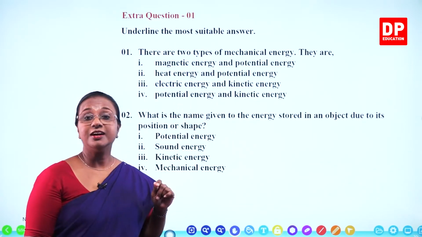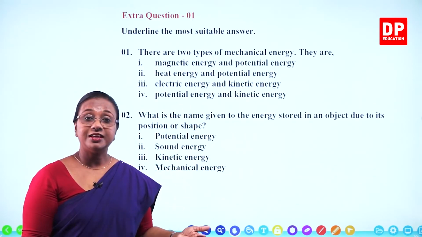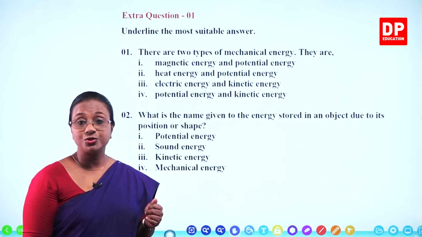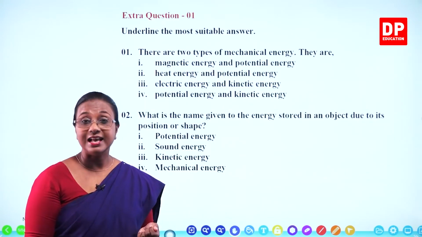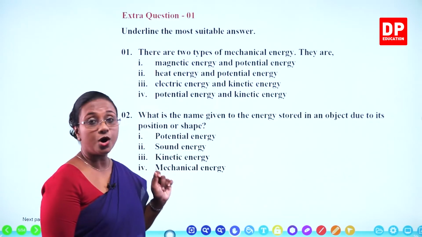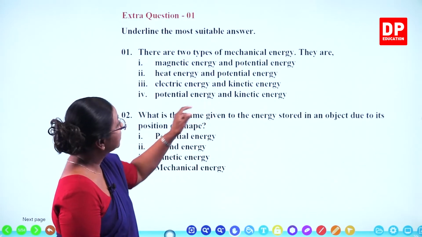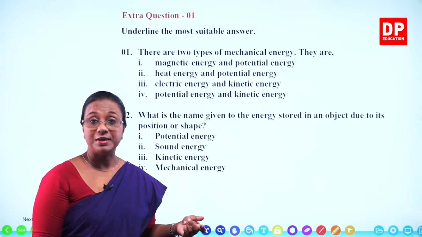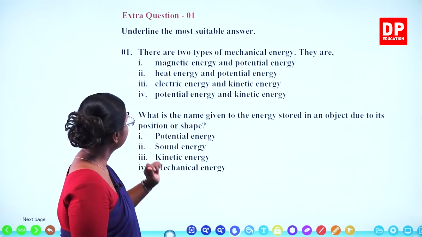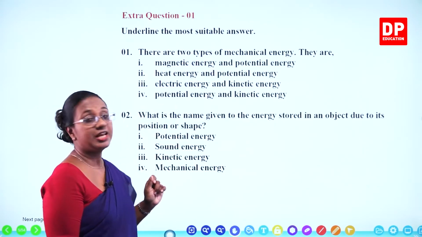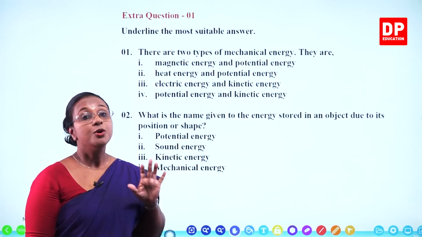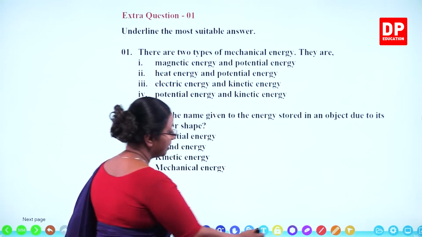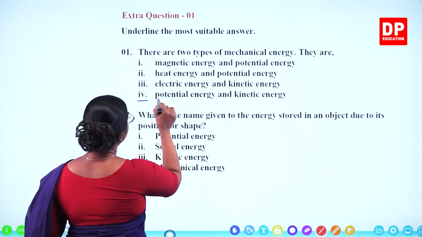Electric energy and kinetic energy. Again, electric energy, when electricity flows through a conductor, there is electric energy. But that is not mechanical energy. But kinetic energy is a type of mechanical energy. The 4th answer, potential energy and kinetic energy. Both of those are forms of mechanical energy. So the 4th answer.